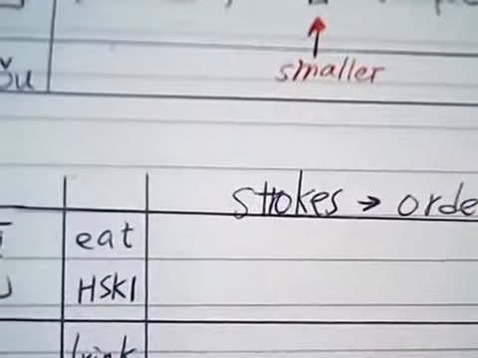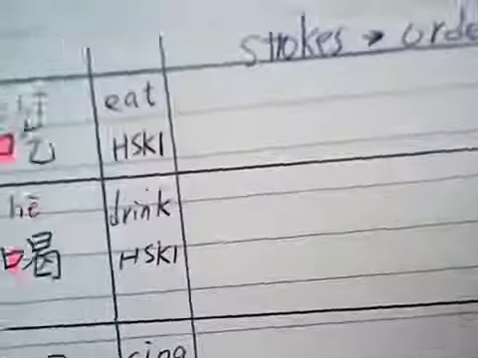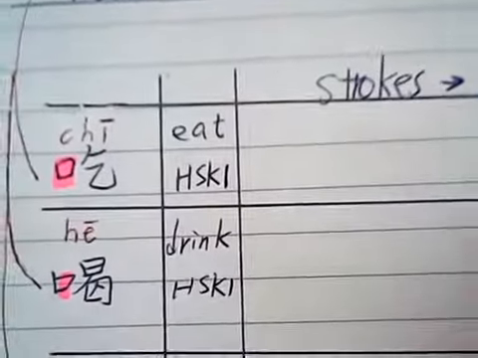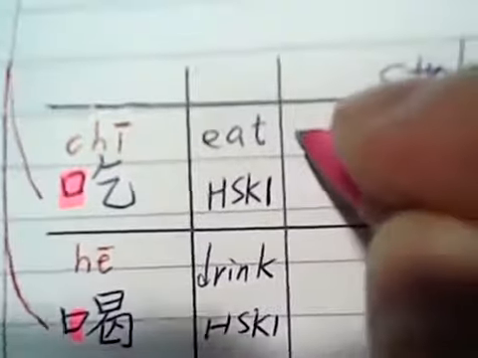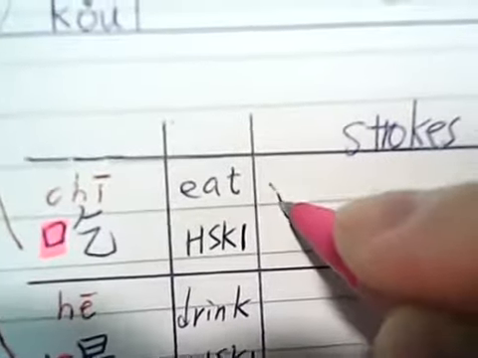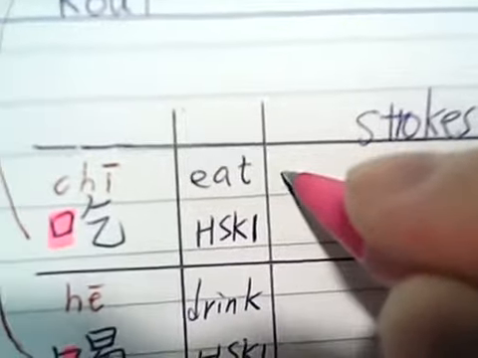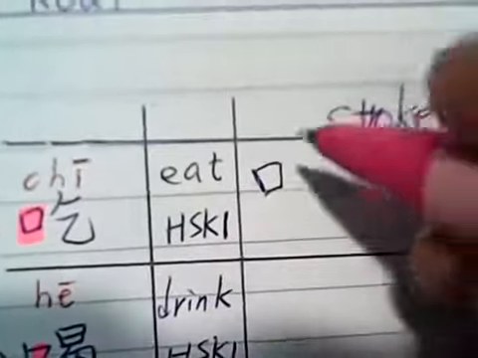Let me teach you how to write the word 吃. Okay, so let's write the left part first. We write the radical 口 first. Okay, 口.